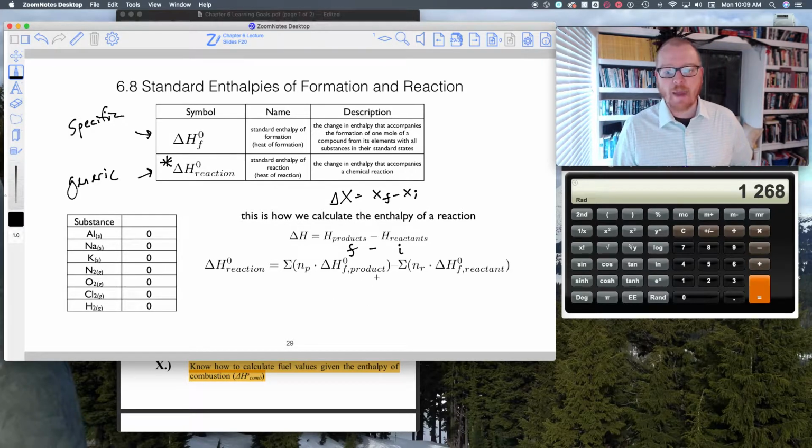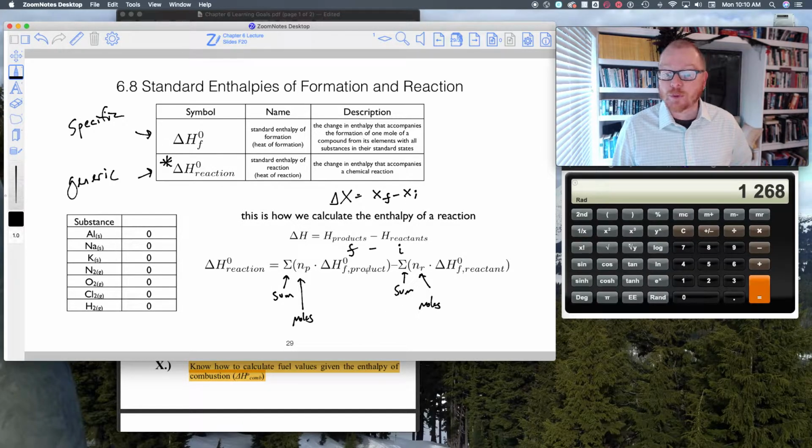So now I expanded this equation, and I know this looks scary, but it's not at all. Okay? So let's walk through this. That's saying the sum, right, for sigma. This is saying the number of moles of product or the number of moles of reactant.